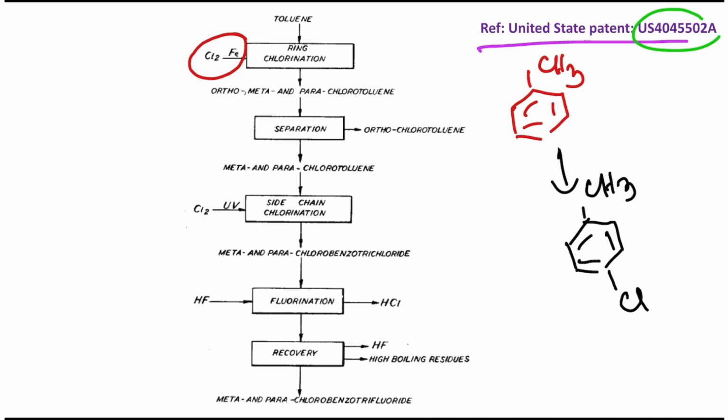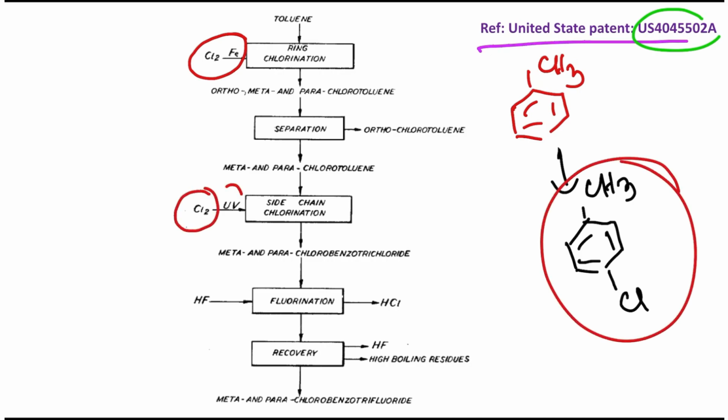Now our focus was mainly on the para isomer. In the next step, this para chlorotoluene is treated with chlorine under UV light. What it does is convert this CH3 into CCl3. Okay, fine. After that, if you treat this with HF, it produces, obviously, CF3 again.